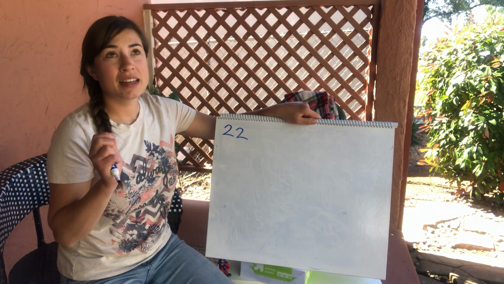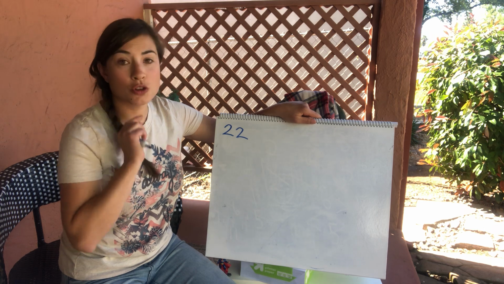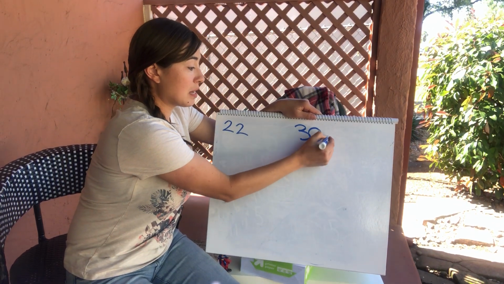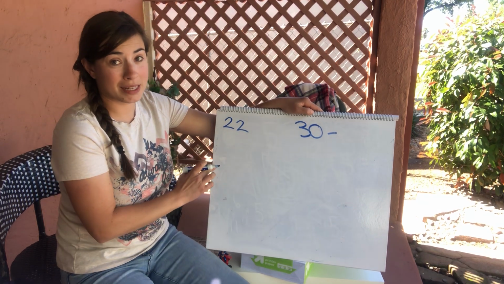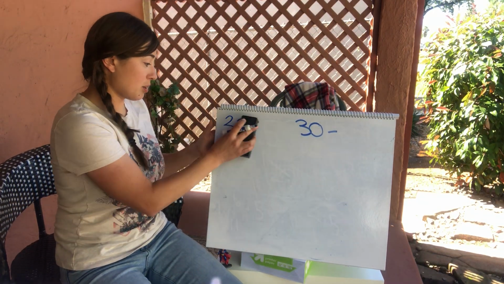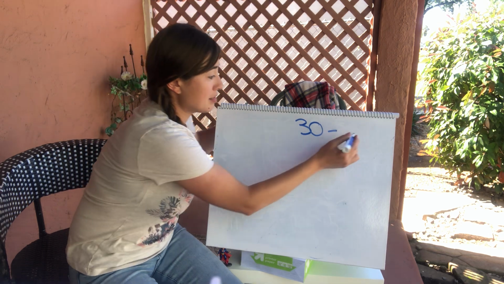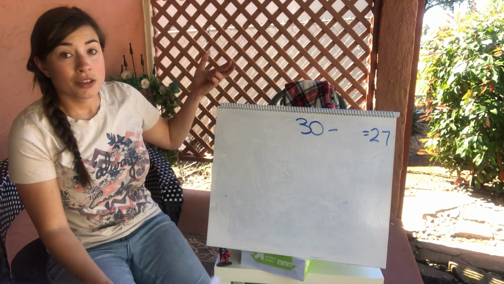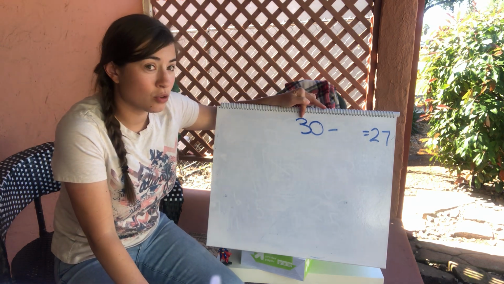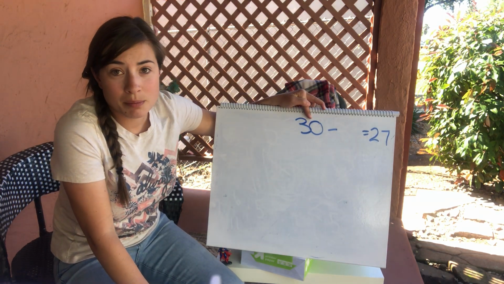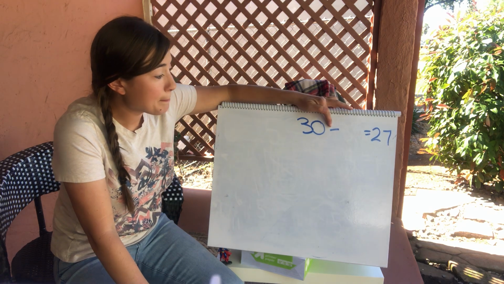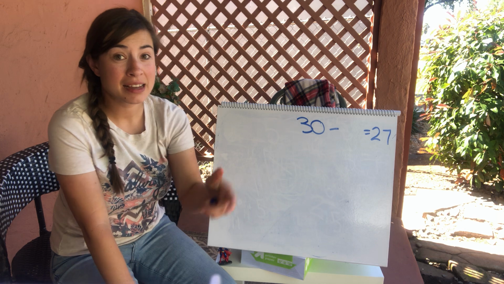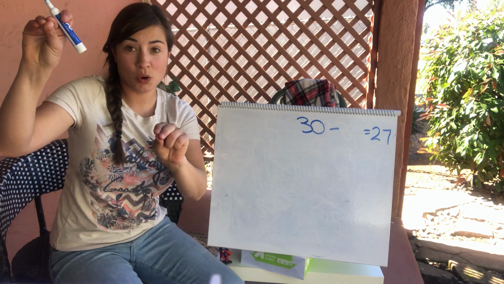Let's say you estimated 30 jelly beans. You're going to start with your number 30, but 30 is bigger than 27. Our number that we need to be at is 27. So you take your estimated number, 30, minus, so you're counting back to 27, because 30 is more than 27.